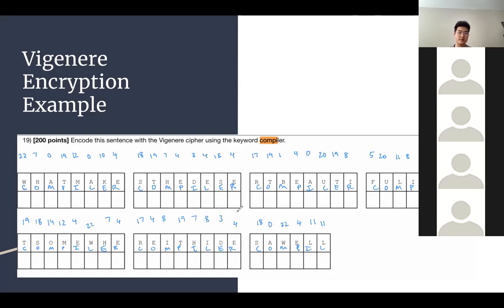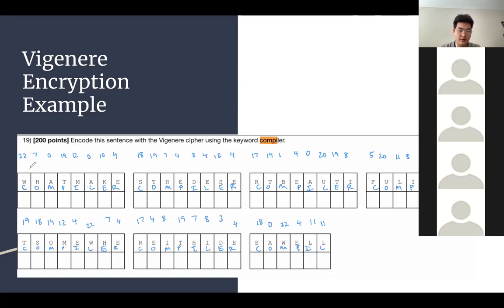All right, so that's the plain text as numbers. And then what else do we have to convert if we want to add something together? Yeah.